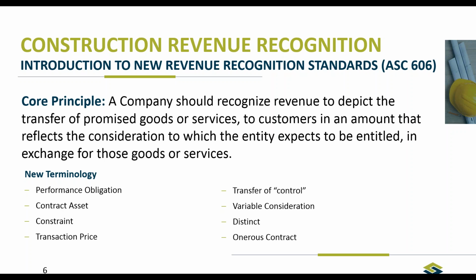They also want to develop some type of consistency between not only construction contractors, but other industries. All different industries have different ways of recognizing revenue, which aren't similar to the construction industry. They want to be a little bit more consistent with all industries, including construction.